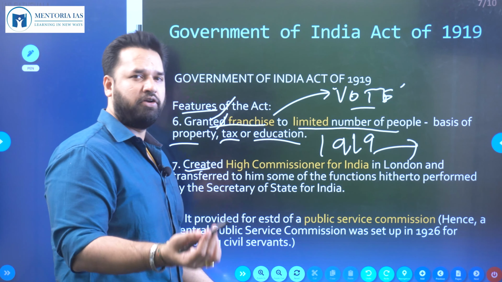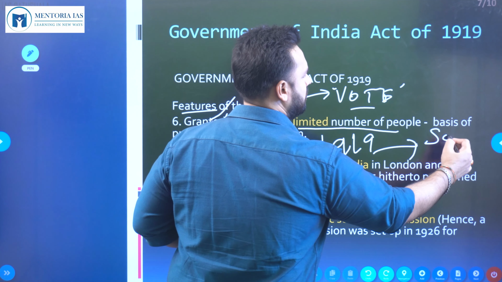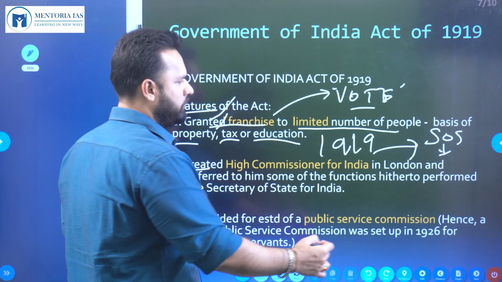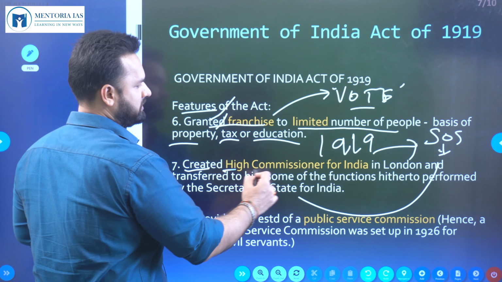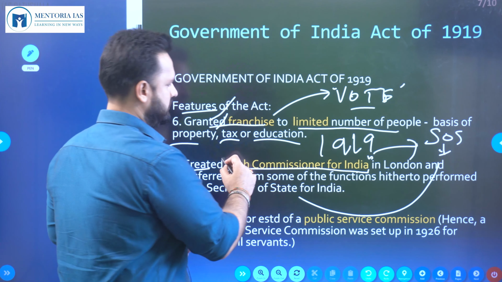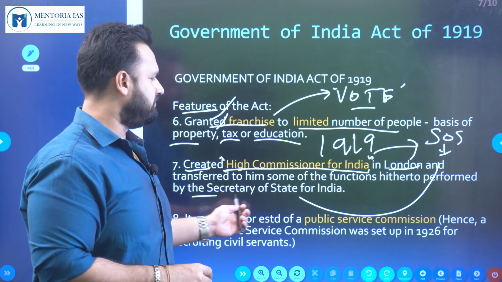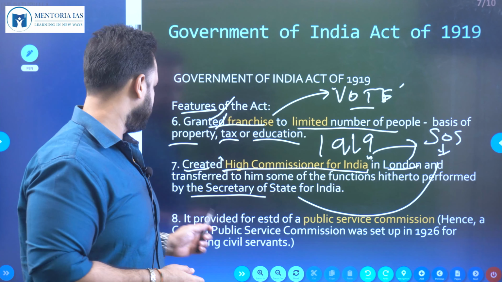And apart from this, as I always say, 1919 is of two things. We had a Secretary of State. They said some functions of the Secretary of State will be given to a new office, that is the High Commissioner of India. This High Commissioner sits in London, and he'll perform some functions of the Secretary of State for India.